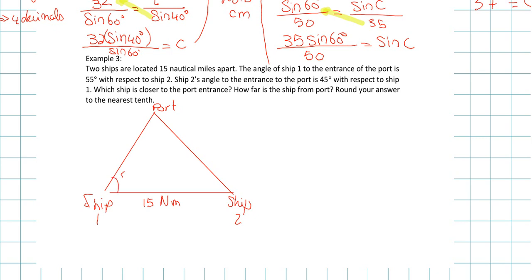Ship 2's angle to the entrance of the port is 45 degrees with respect to ship 1. Where does that 45 go? I can't draw, so you guys can do whatever you want. For me, it's going to be ship 1, ship 2.